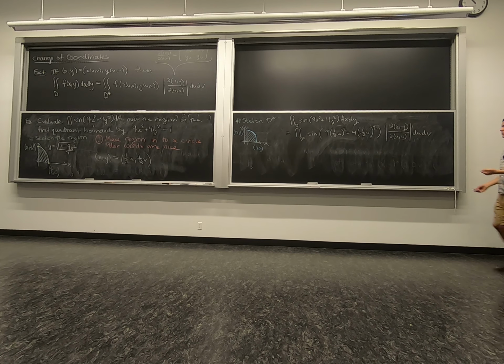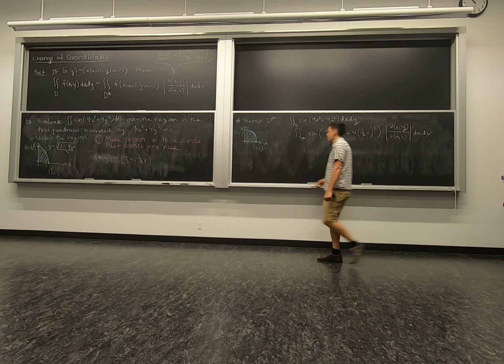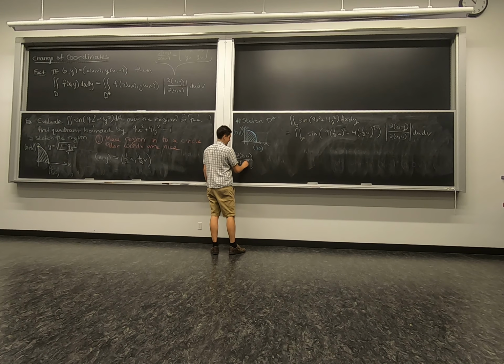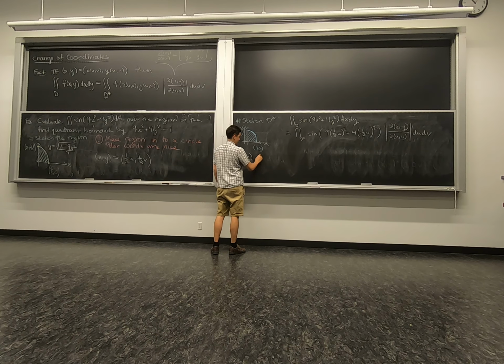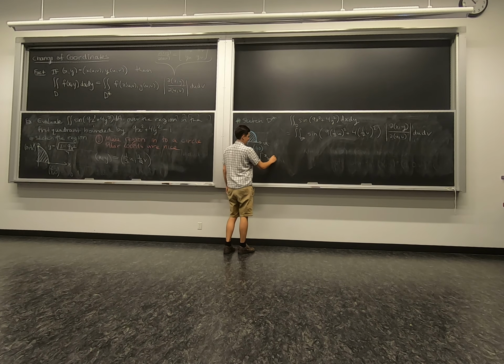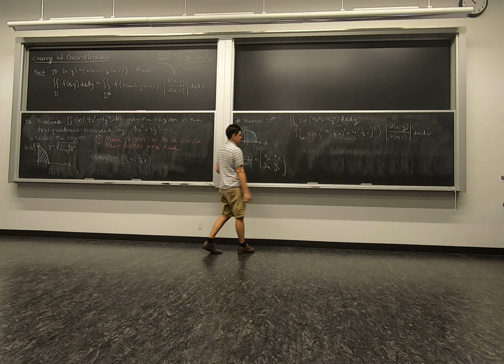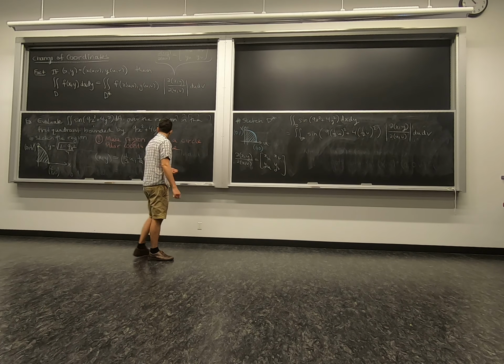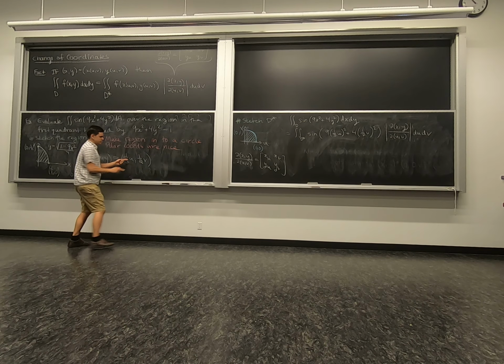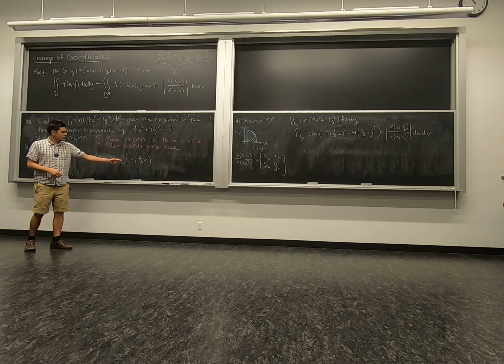Calculate out the Jacobian matrix. Okay, but everything is nice and linear here.